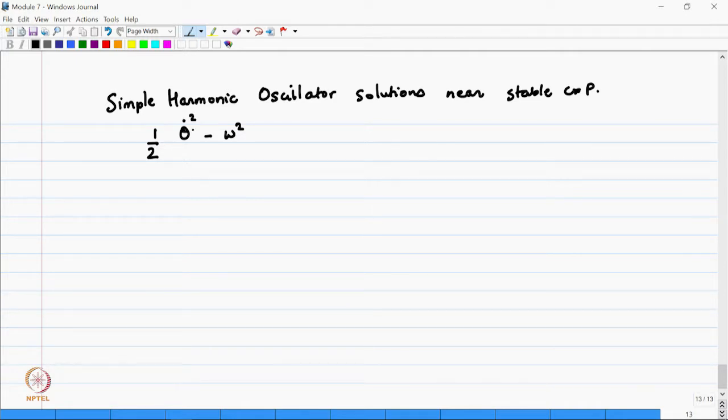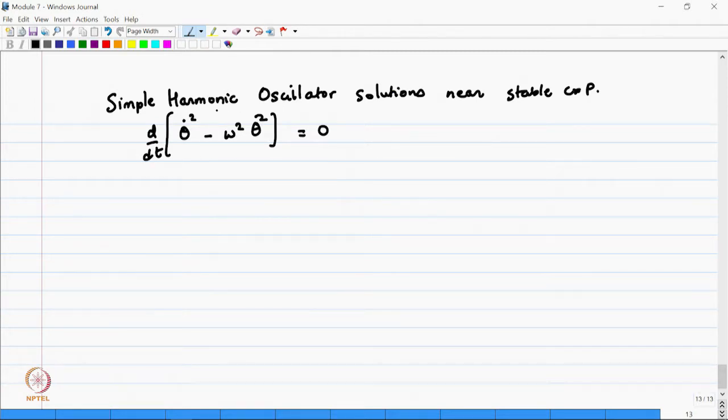So, what we remember is that we had something like this: d by dt of theta square was equal to 0, or we got that this was constant.